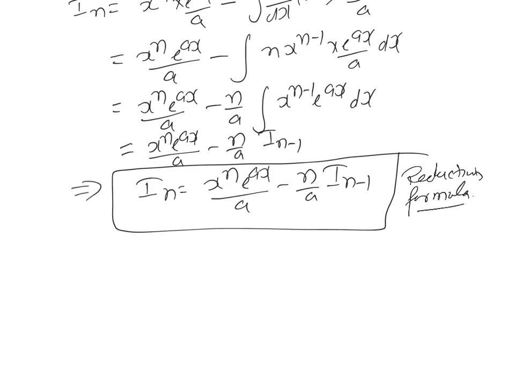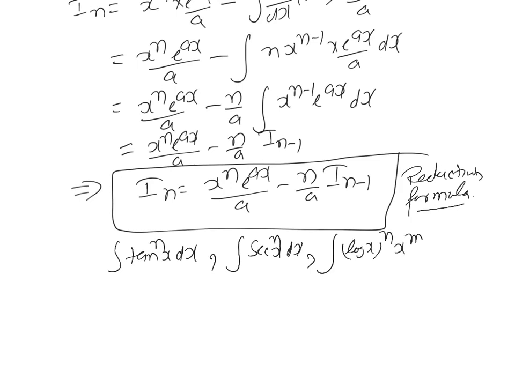So students, today we have studied what the reduction formula is, why it is named the reduction formula, and we have also derived four reduction formulae for different integrals: number 1, tan x raised to the power n; number 2, secant x raised to the power n; number 3, log x raised to the power n times x raised to the power m dx; and number 4, e raised to the power ax times x raised to the power n.